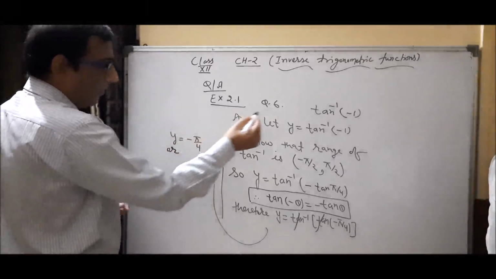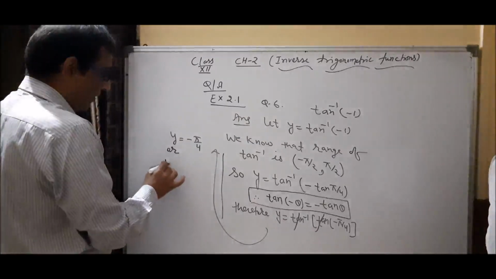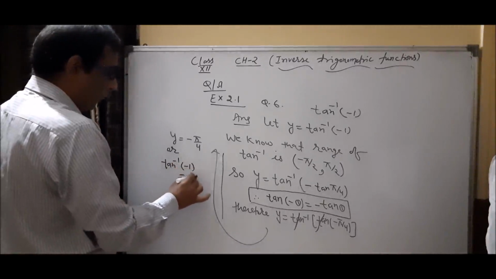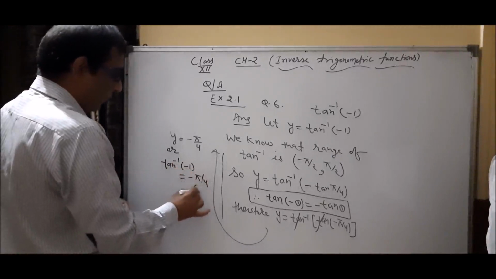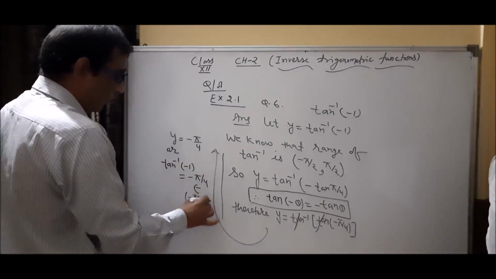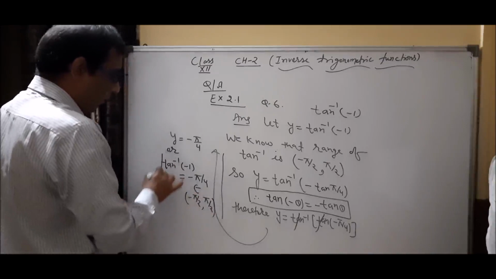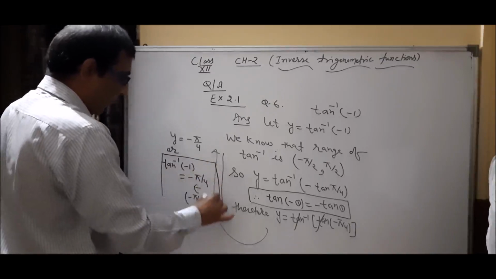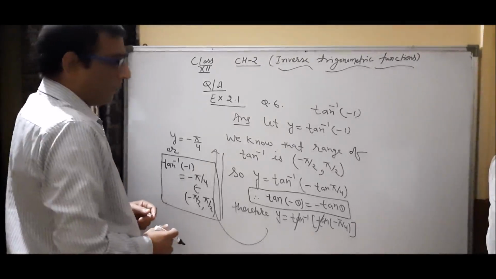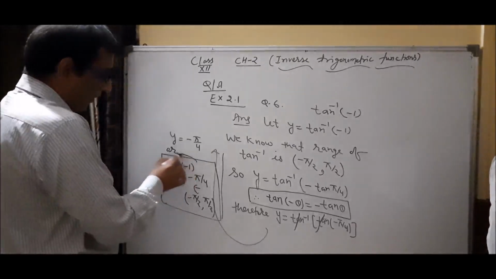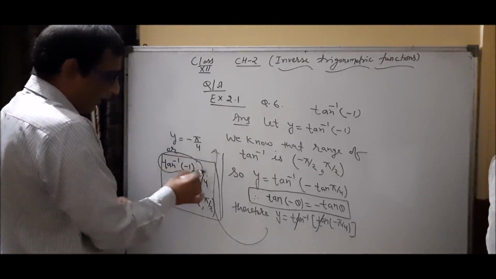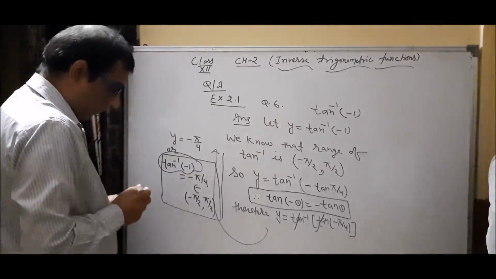Or, putting the value of y, tan inverse (-1) equals minus pi by 4, which is a member of the open interval minus pi by 2 to pi by 2. So this is the way of solving the question which is related with principal value branch. It means we can say the principal value of tan inverse (-1) is minus pi by 4.